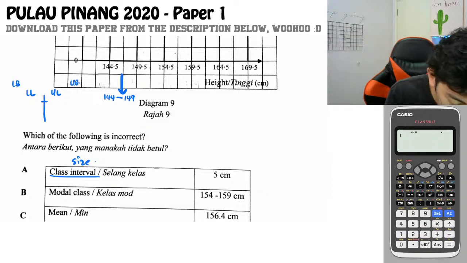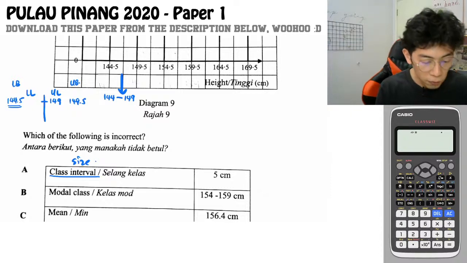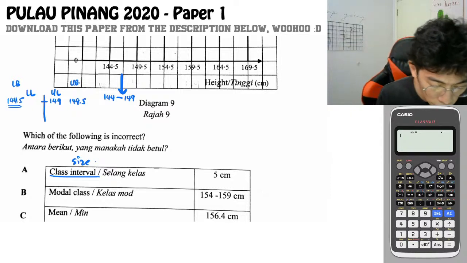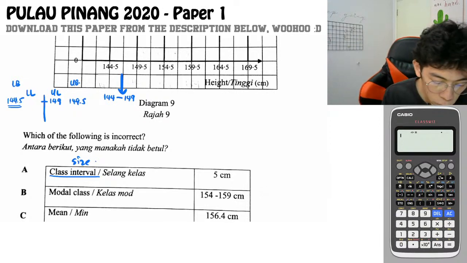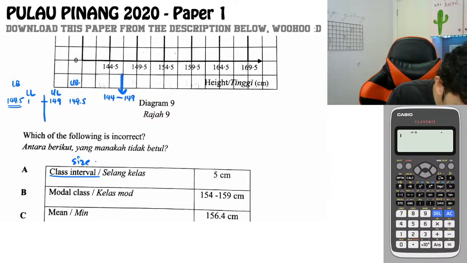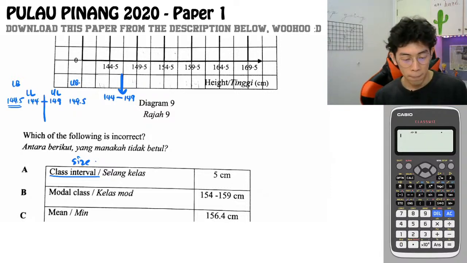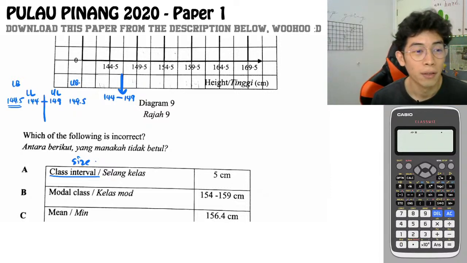I always say this. So if this is 144.5, this is 149.5. This one you put 0.5, but 149 is for sure already. So what do you have to place there? Correct, 144.